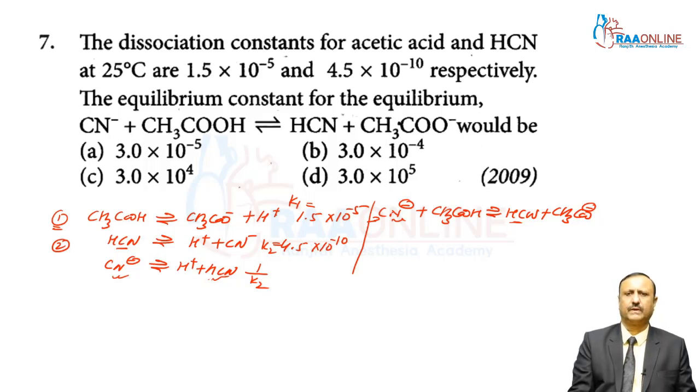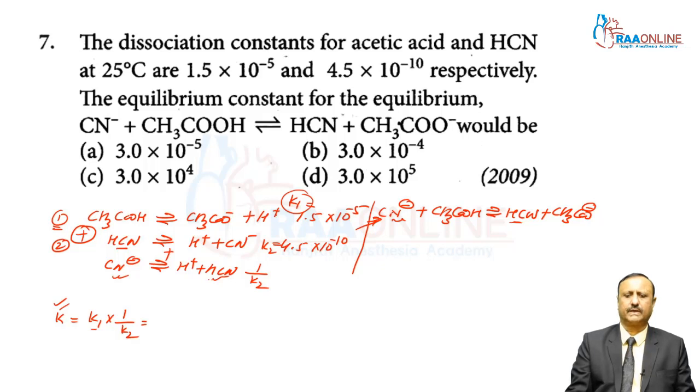So K is equal to K1 multiplied by 1 upon K2. When reactions 1 and 2 are added, the equilibrium constants are multiplied. Because you can achieve this reaction, with cyanide CN minus ion here, and acetic acid, HCN and acetate ions, this is K1 into 1 upon K2.